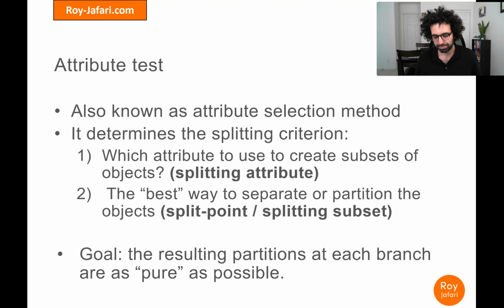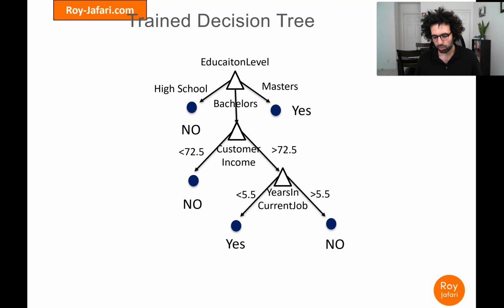So as I promised, we kept referring to this attribute test, and now here we're going to have the opportunity to see what it is. An attribute test does two things. It basically chooses the splitting attribute. Do you remember we chose first education level and then we chose years in current job? I believe, let me see which one did we choose.